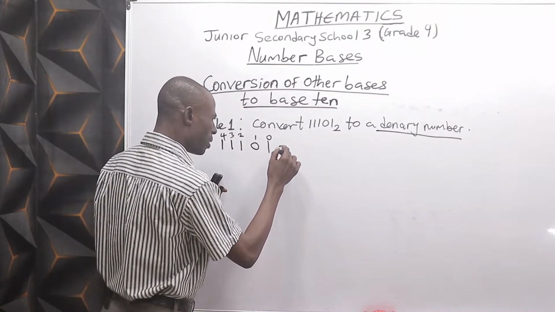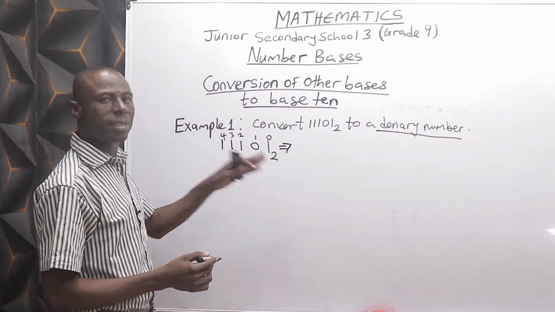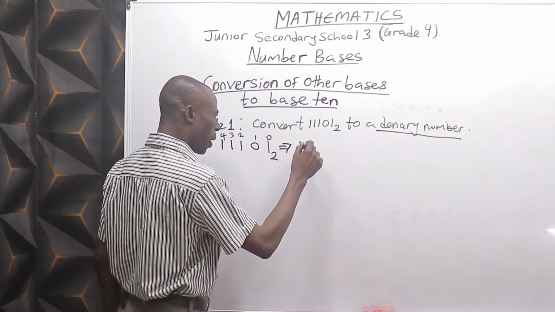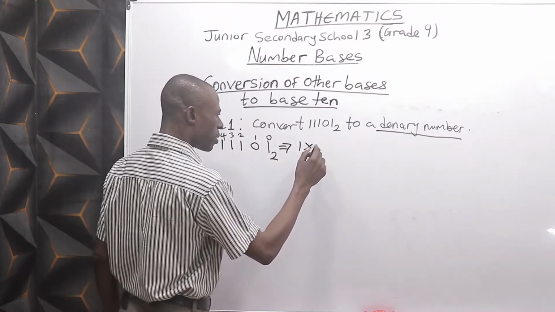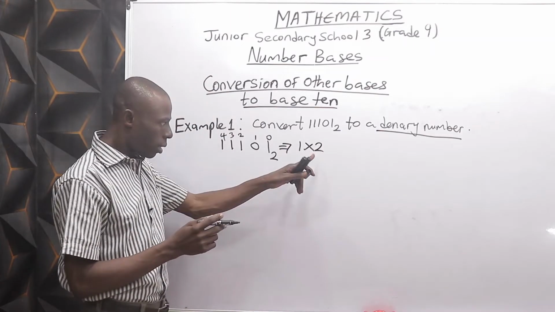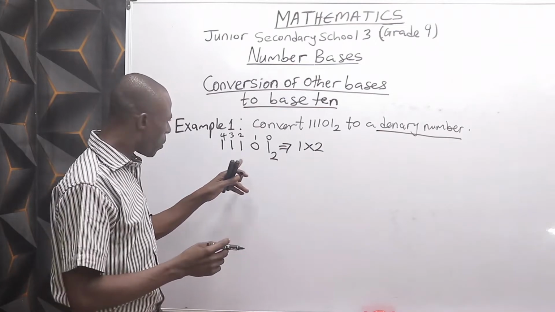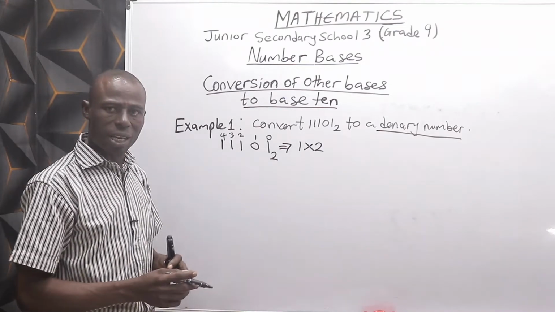To convert this to base 10, take the first digit, which is 1, and multiply by the base. If the base is 3, you put the 3 there. If the base is 5, you put the 5 there. If the base is 9, you put the 9 there. Do you understand?